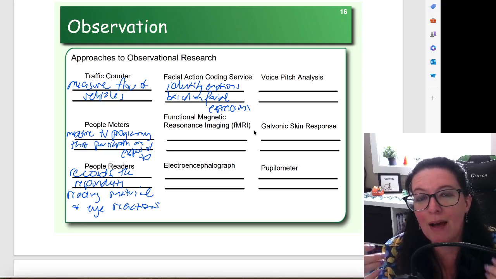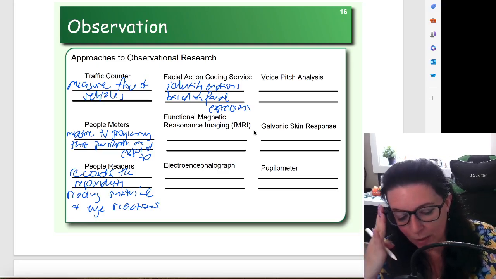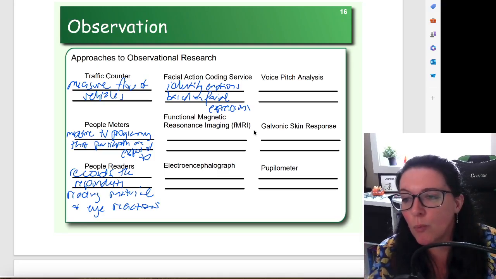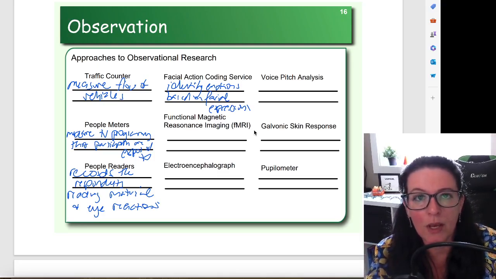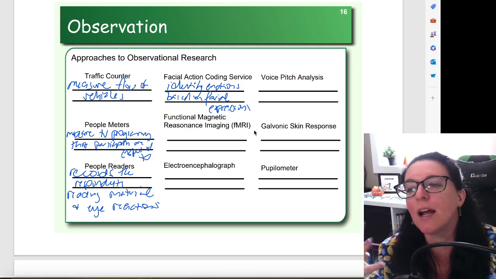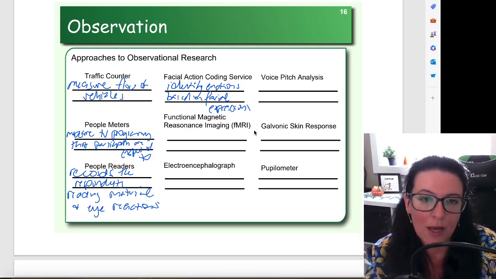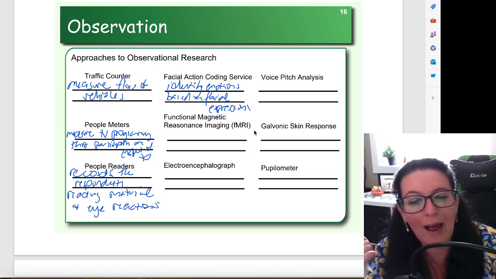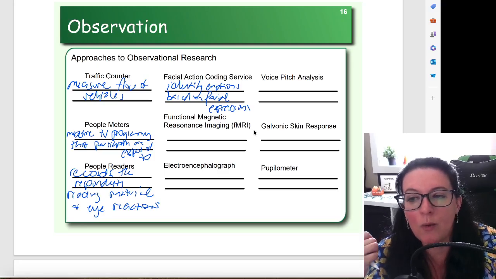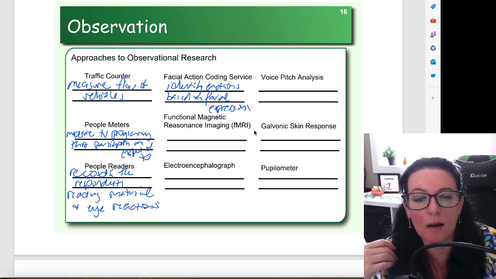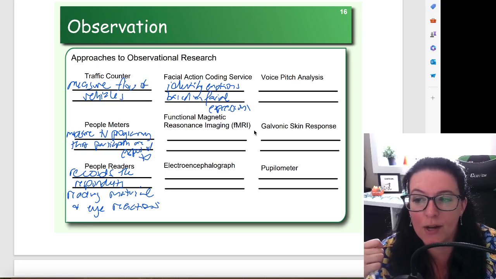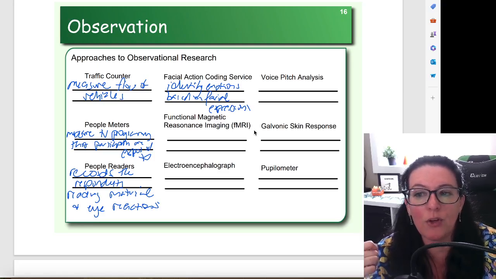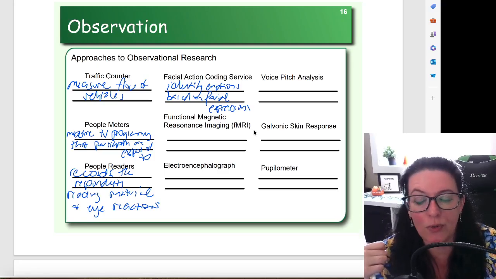So if maybe we have a commercial like the one we looked at in one of our earlier videos, we showed you some McDonald's commercials where they're trying to tug at your heartstrings and get you to feel an emotional connection to McDonald's. So we would show you the ad, and then we would see, based on a machine monitoring your facial expressions, did it look like you had that emotional response to that commercial?